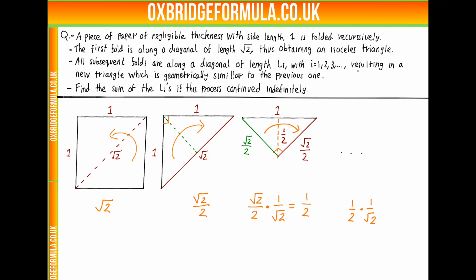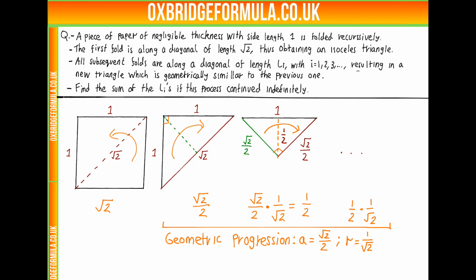We're asked to sum up these L_i. You'll see that if we times by 1 over √2 each time, this looks like a geometric progression, but only from here. If we look from here, we've got a geometric progression with the first term a being √2 over 2 and the ratio being 1 over √2, which we can sum up. But we need to be careful about this term over here.